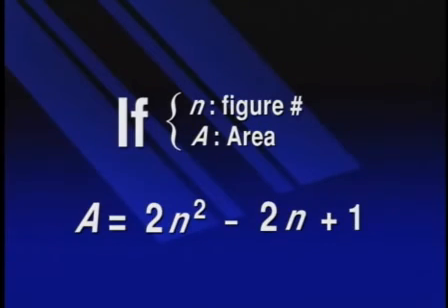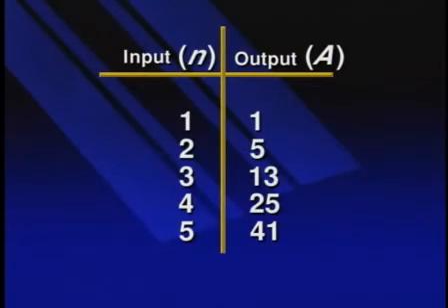The corresponding input-output values for this quadratic function are 1 gives 1, 2 gives 5, 3 gives 13, 4 gives 25, and if I had done the fifth geometric figure, I would have had 41. That would be 5 squared plus 4 squared.